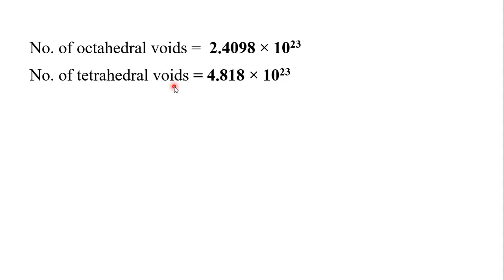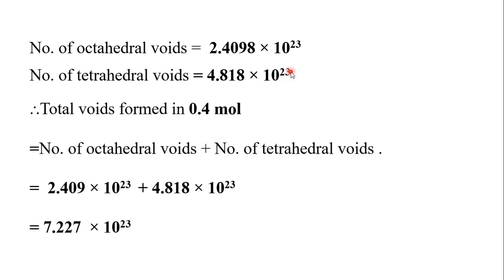That means number of octahedral voids is equal to 2.4098 into 10^23 and number of tetrahedral voids is equal to 4.818 into 10^23. Then from this we can find the total number of voids. So total number of voids formed in 0.4 mole is equal to what? Number of octahedral voids plus number of tetrahedral voids.